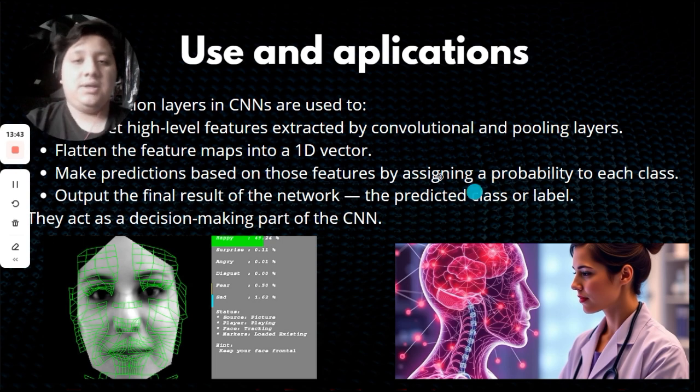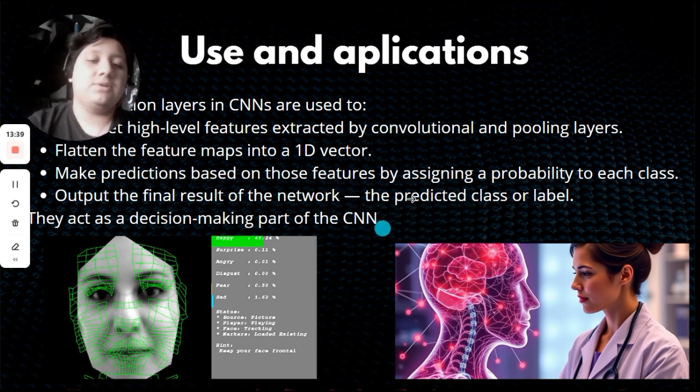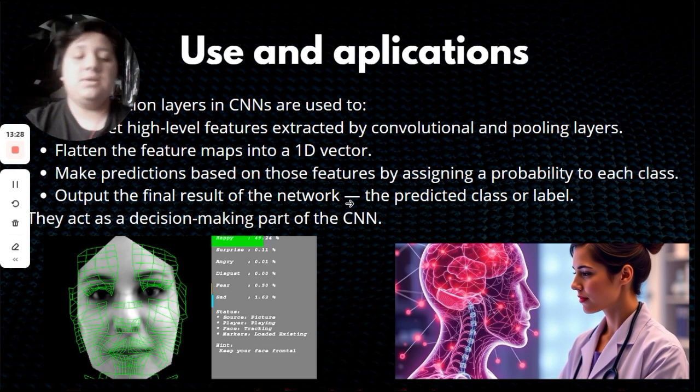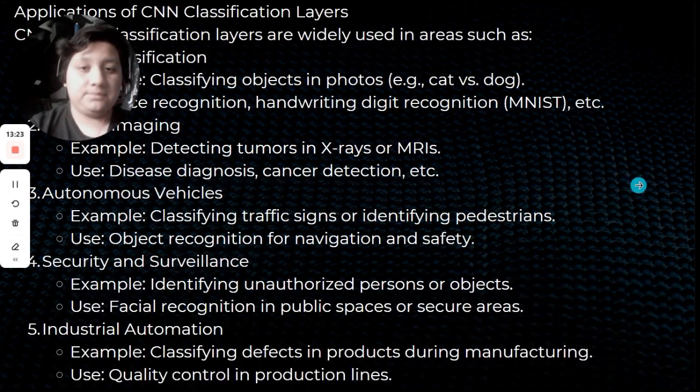This is one of the applications we put in this presentation because it's one of the most important things we need to talk about in this kind of technology we are talking about.